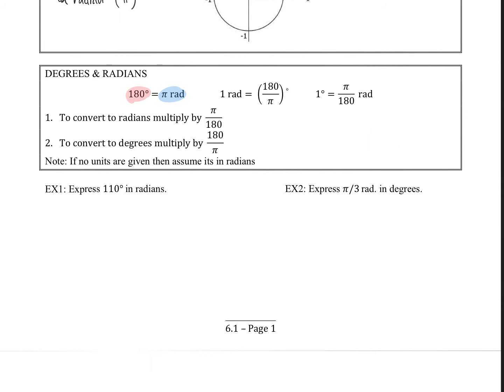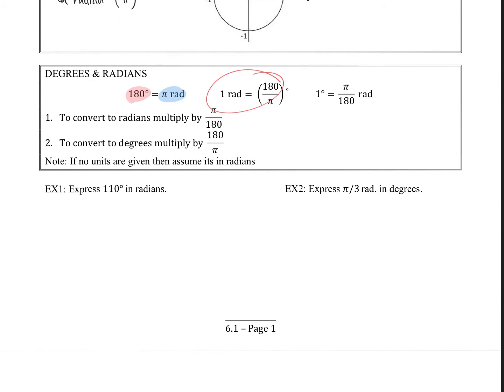From that we can create these other two rules on the side. If I wanted to solve for 1 radian, how would I do that? I would divide by pi. To get radians by itself, you divide by pi, and you get 180 degrees divided by pi. And that is this equation right here. How would we get the other equation?